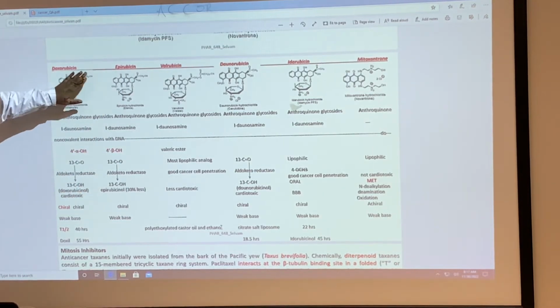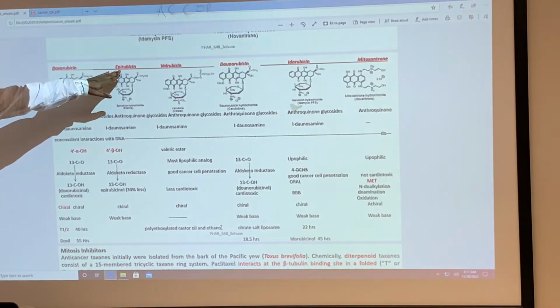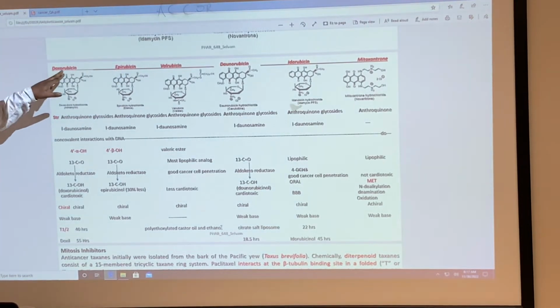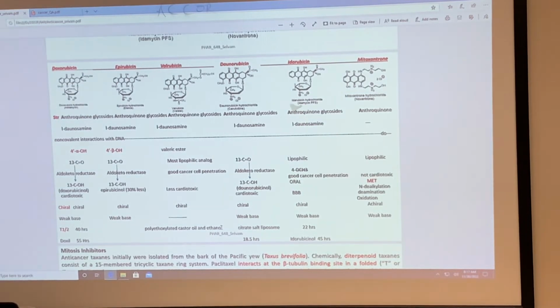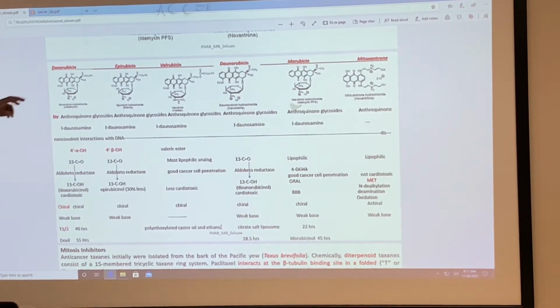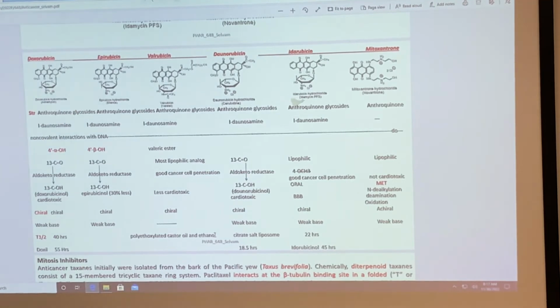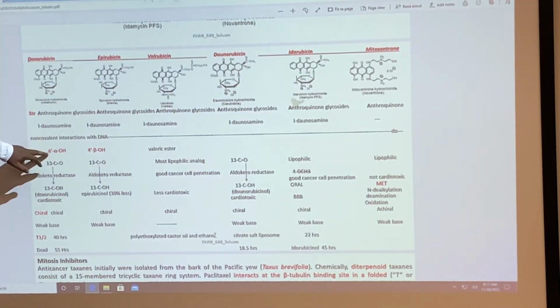The remaining structure is exactly the same. So epirubicin is nothing but an epimer of doxorubicin. An epimer is when you have several chiral centers and you switch one of them. Only one stereochemistry changes, alpha hydroxy to beta hydroxy.